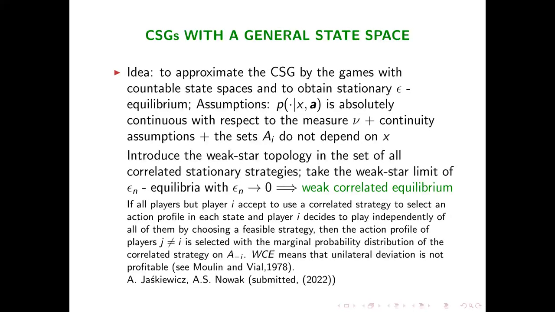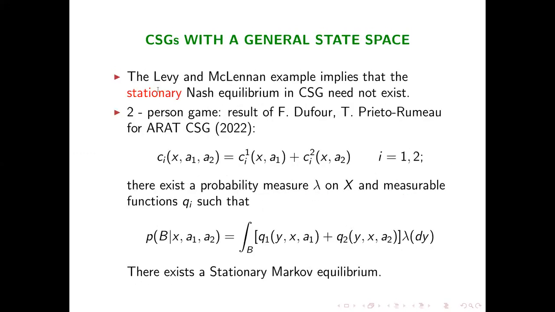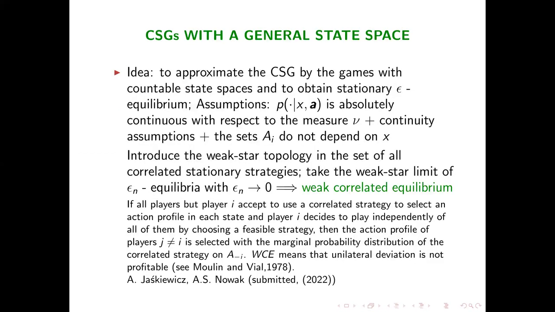And we have such a result on the existence of weak correlated equilibrium in the class of constrained stochastic games with general state space. As I mentioned, we cannot expect more, because of the Levy and McLennan counterexample. Okay, and this is all. Thank you very much for watching.